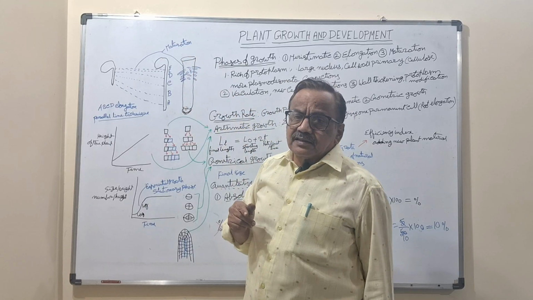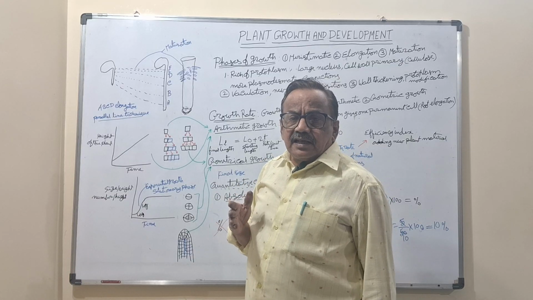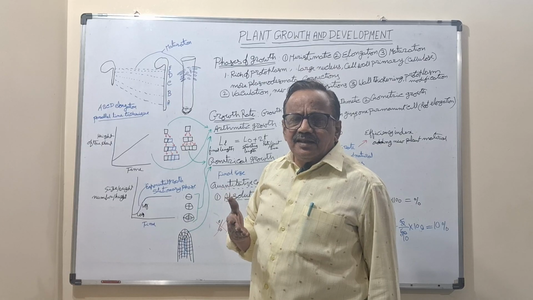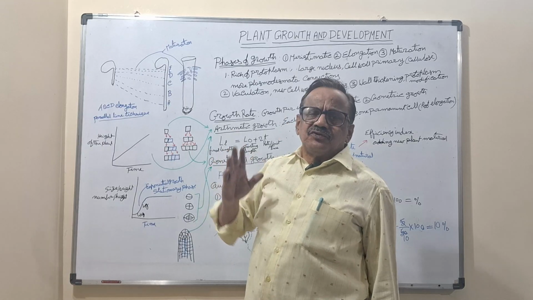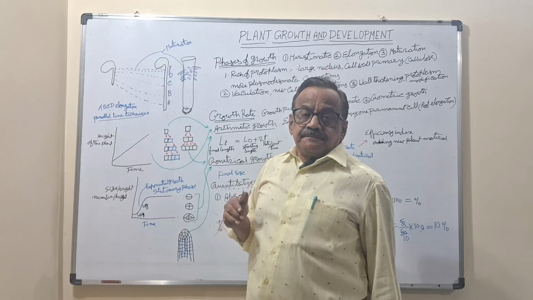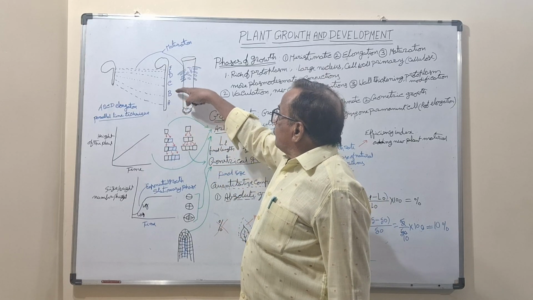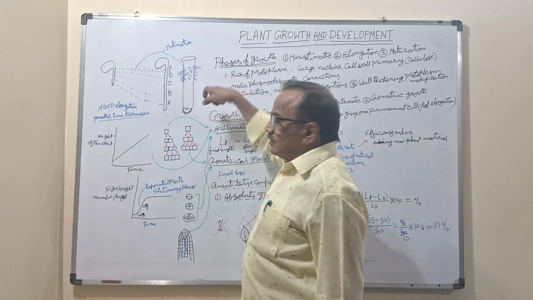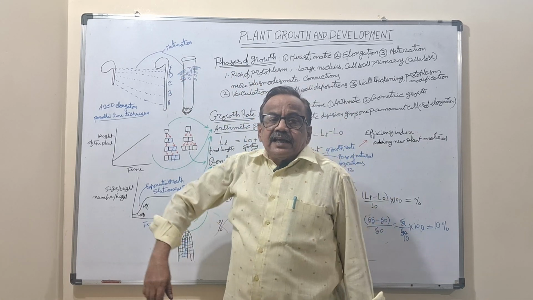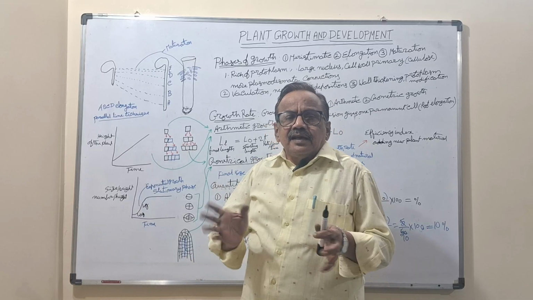Differentiation I discussed yesterday also. The permanent cells differentiate into epidermal cells, cortex, stele, endodermis, all the tissues. And here one NEET question is there. If you take a transverse section of the elongation zone, a student has taken a transverse section and observed that all the cells are alike.